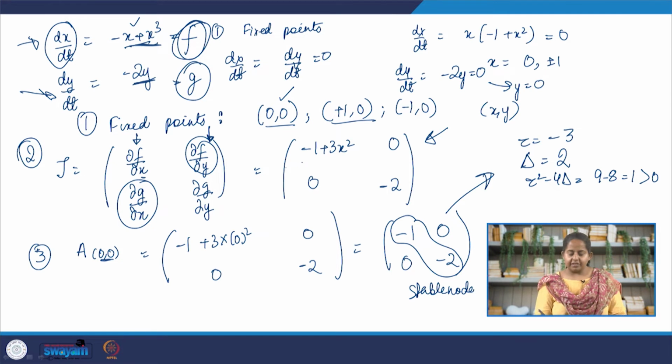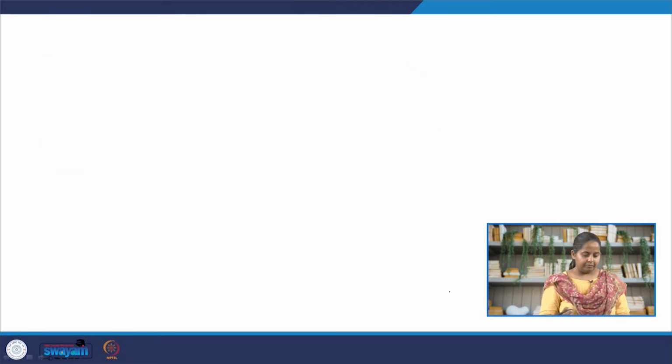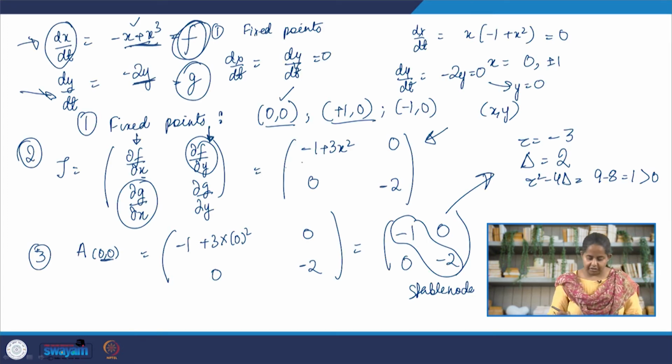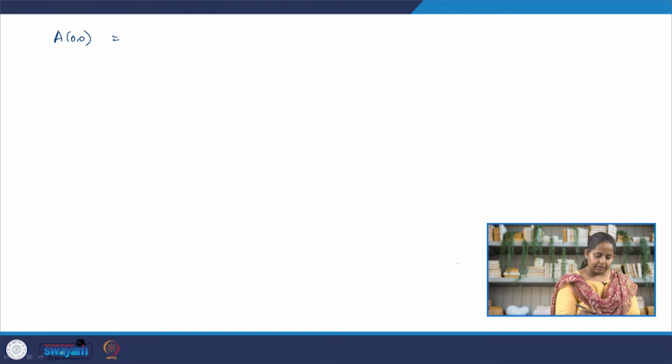Now, if you are interested, we can go ahead and find the eigenvalues and eigenvectors. Remember we are dealing with A at (0, 0), and our characteristic equation has -1 and -2 on the diagonal. To find the eigenvalues, we follow the same old process: determinant of A minus lambda I equal to 0.